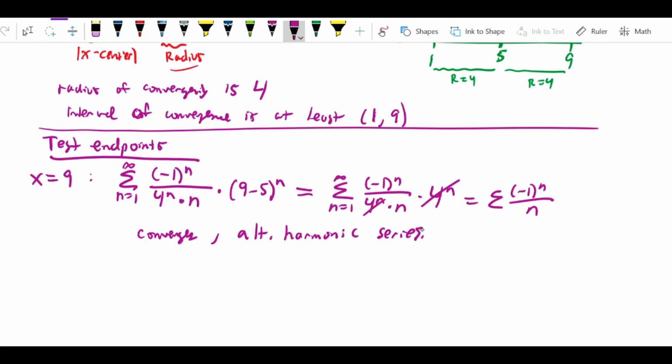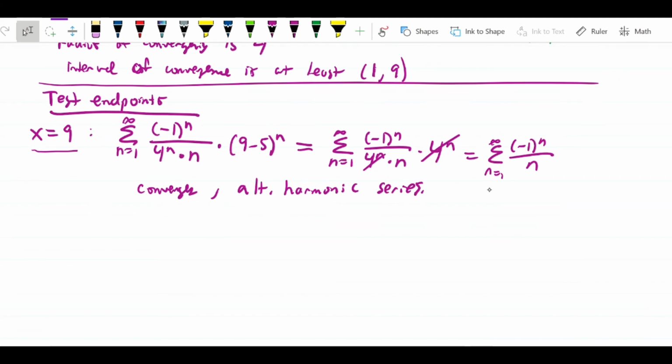What we could have done is just observe that it's an alternating series and then test it with the alternating series test, but we did that for this exact series in the previous section. We observed that it was a special series called the alternating harmonic series, and we can just use that fact as a reason why this series converges. So at the endpoint x equals 9, once we get rid of that x and replace it with 9, it just becomes the alternating harmonic series, like that.